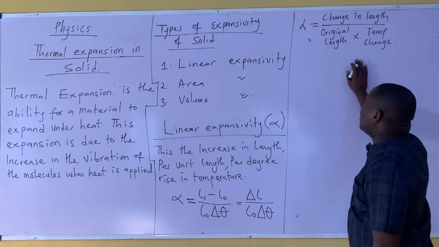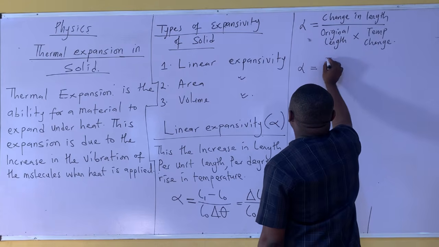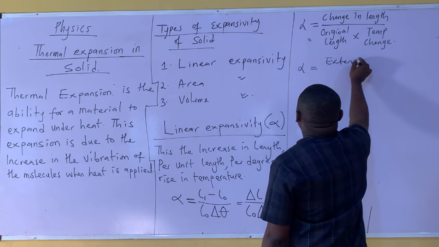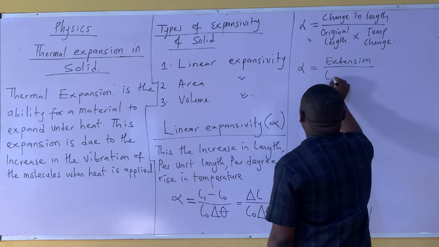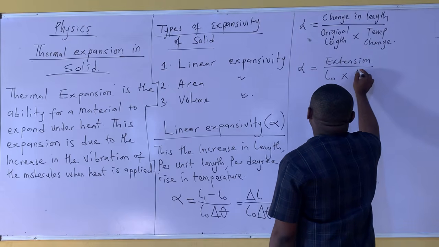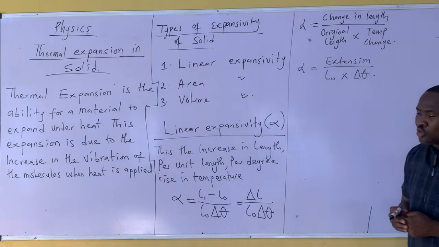Another way it can also be written is that change in length is also called extension, so extension over original length times change in temperature. Take note of this. It's very important to know this.